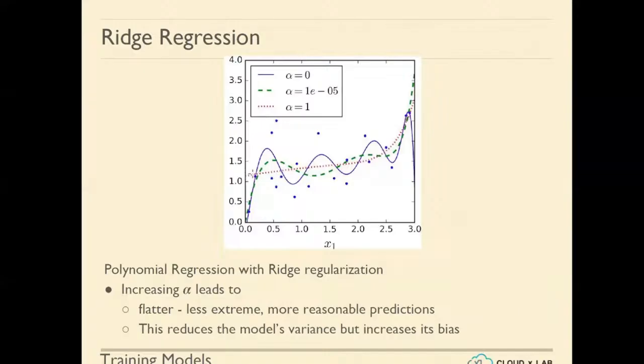In case of alpha equal to 1, the polynomial becomes simple, because the coefficient values will become 0. So even if we use a 10-degree polynomial, the higher degree coefficient terms will become 0, right?